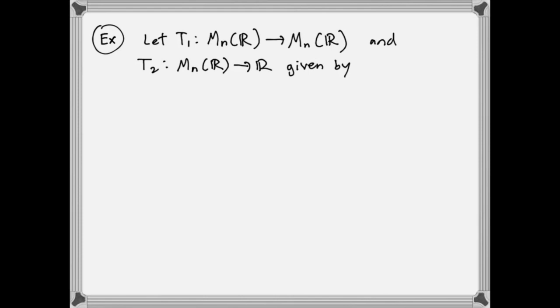So we've got two maps. I need to tell you guys what they both do. T1 of a matrix A is just the matrix plus its transpose. This is well defined, right? Because the transpose of an n by n matrix is still n by n, so we can add these together. And T2 of A is just equal to the trace of A.